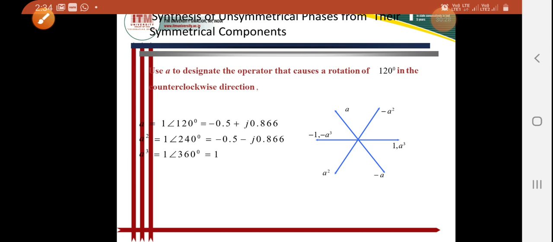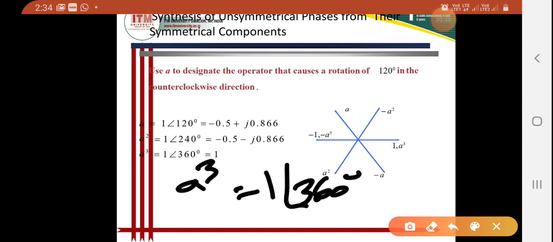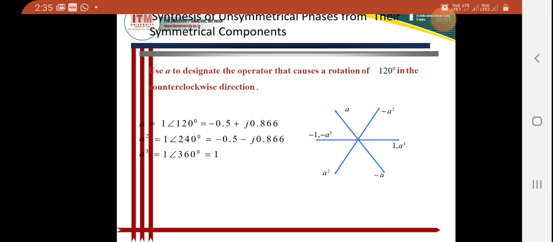Similarly, when I want to talk about A cube, that will be 360 degree, so obviously the value will be 1. So when I am writing operator A cube, I am writing 1 here. So this is all about our operator.